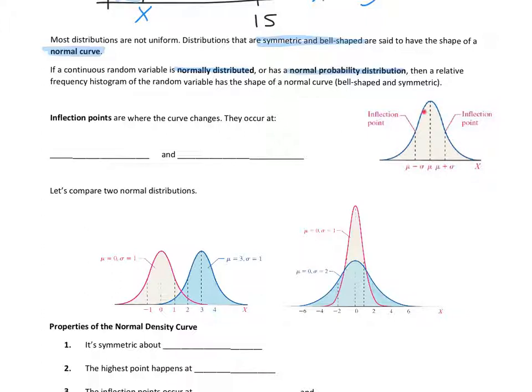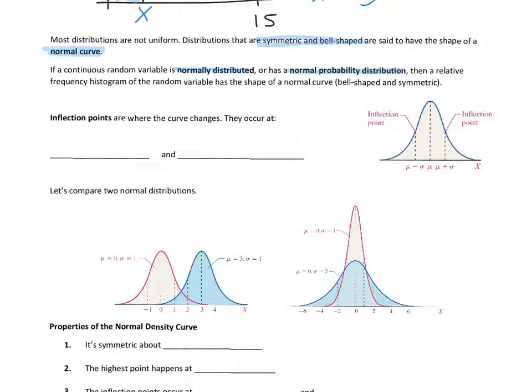All right, and when we draw our curve, we have points of inflection. And inflection is where the curvature changes. So notice at the top of our normal curve, it's like a cup pointed downwards. Then after the inflection point, we flip our cup up, and now the cup is pointing upwards. So downward cup between the inflection points, after the inflection points, it's like we turn our cup over.